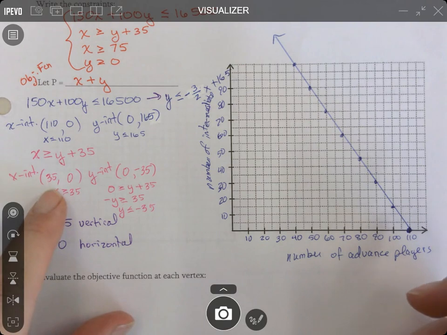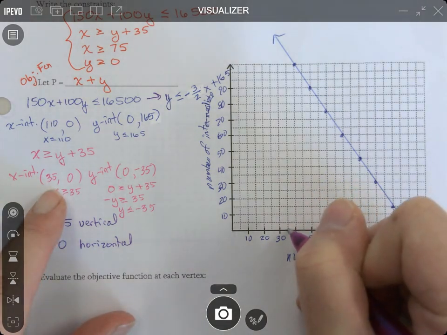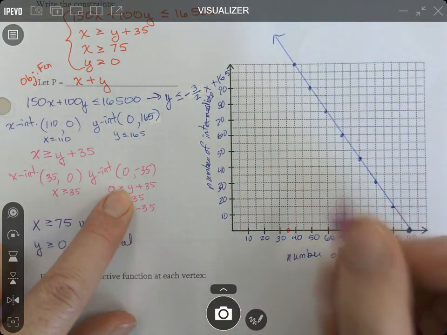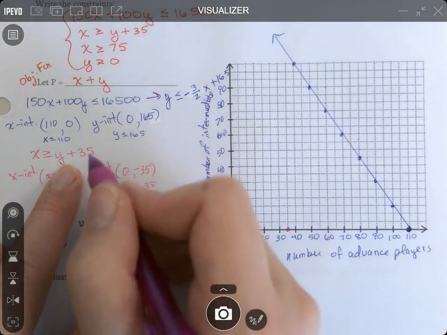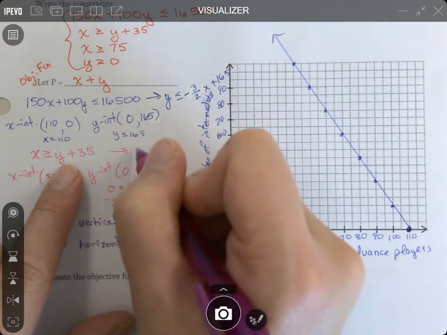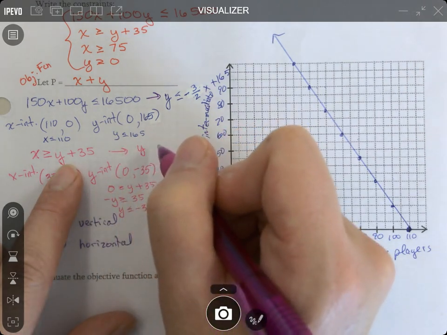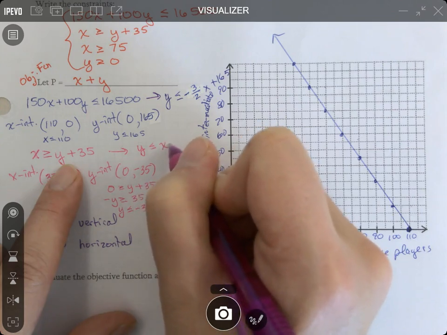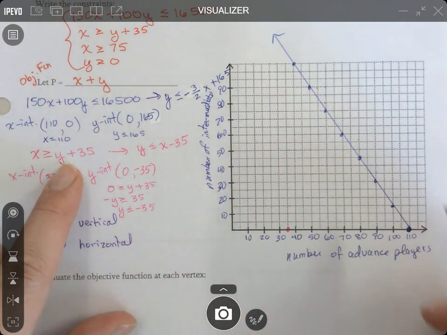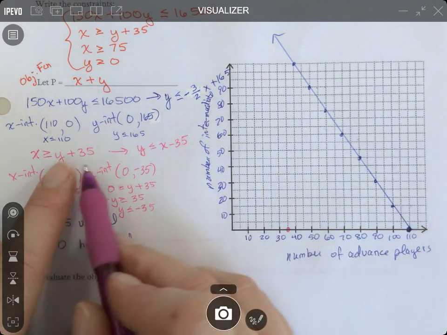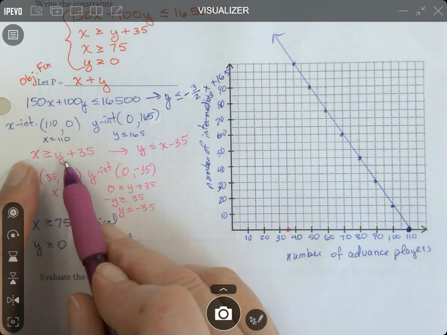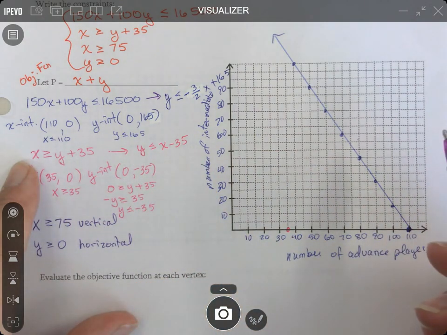Now this one, I can do 35, 0, but 0, negative 35 is down here on the graph. So I'm going to do the same thing here. I'm going to solve this one for y. It is going to be y is less than or equal to x minus 35. Now I know someone's thinking, well, that's not helpful. So guys, I subtracted the y, I subtracted the x, and I divided by negative 1.